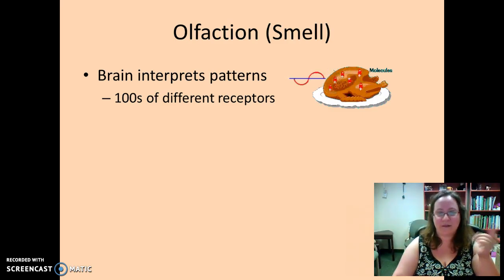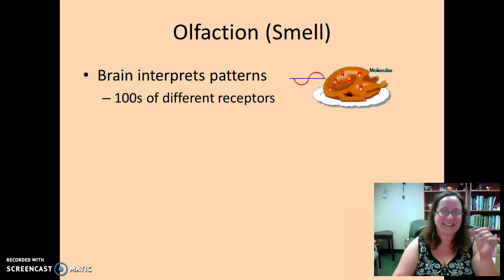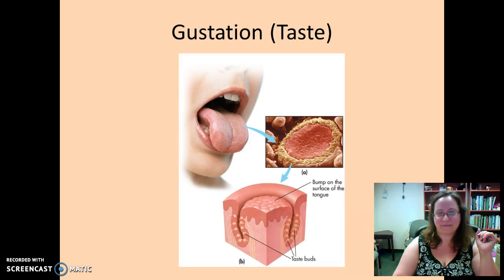So you don't have a baby poop receptor here in your nose and a chicken parmesan receptor here. Really your brain is perceiving those patterns. Our receptor cells are in our olfactory bulb, so we've got this image here of the person sniffing the strawberry, and you can see how they're perceiving those smells.